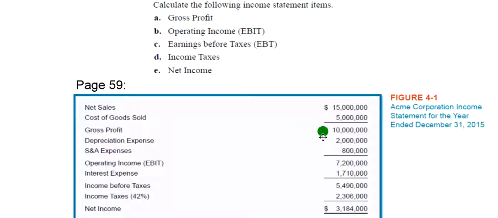Then we want to know what the operating income is, or once again, the earned income, or earnings before interest and taxes.